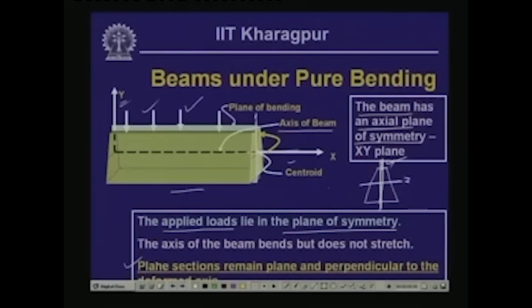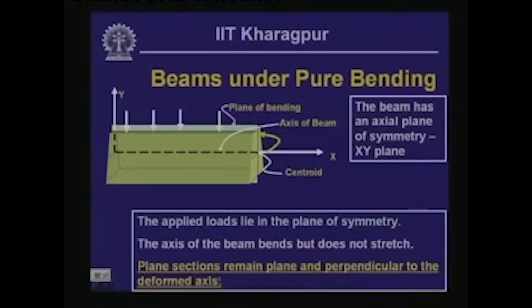That means the cross section of the beam which was plane before the application of the load remains plane and perpendicular to the deformed axis after the bending occurs. After the beam undergoes bending, it forms a part of a circle, and the axis also takes that form, and anywhere we take a section, the cross section remains perpendicular to the deformed axis. The section which was plane originally remains plane even after bending, and that is one of the main assumptions which we make while deriving the bending equation.